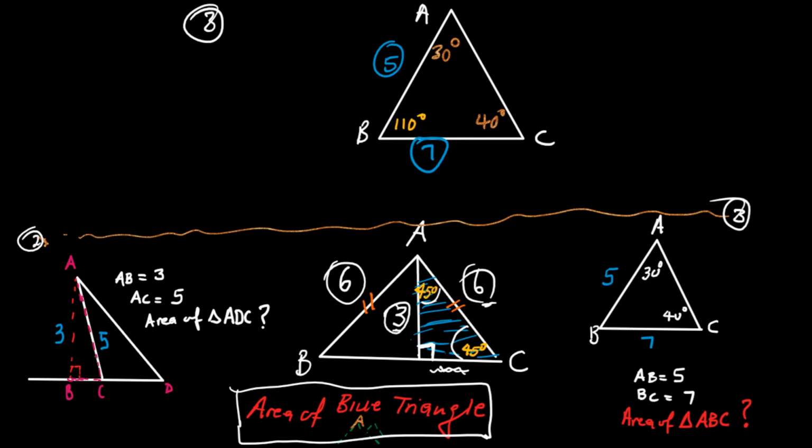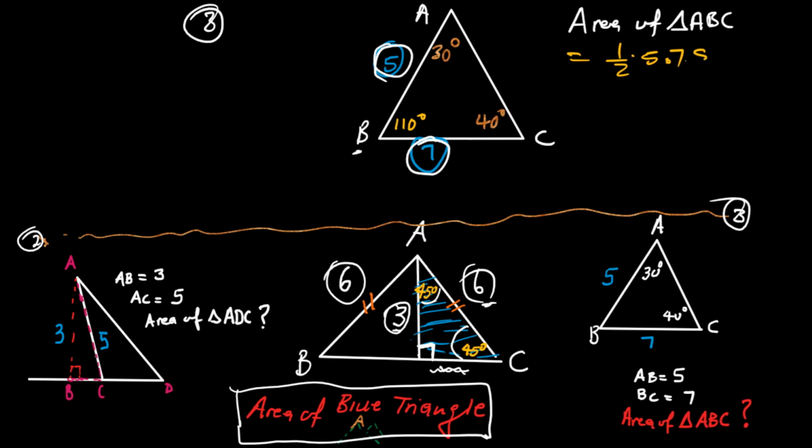Remember that if we have to find the area of triangle ABC, we take the angle that is included between the two sides. So you can see that if we have 5 and 7, we're going to use B. So it's going to be half multiplied by the first side 5, and then the second one 7, doesn't matter the order, times sine of that angle, 110 degrees.